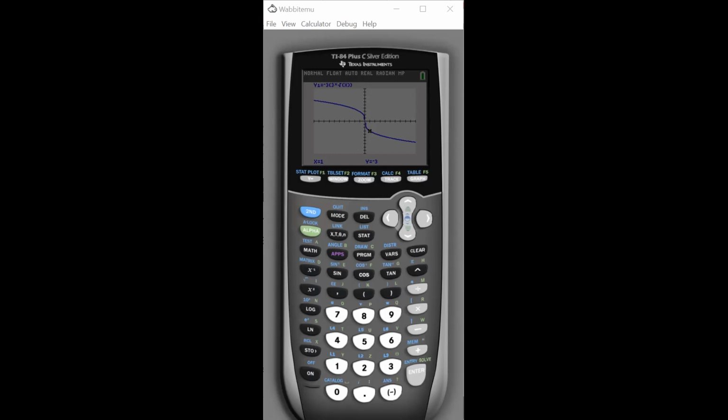On the other hand, if it's a negative A, remember your graph's gonna go opposite like that, and then your other graph is gonna start up and then go down like that. So it just kind of flips, you know what I mean? Basically it reflects about the x-axis, it's just gonna be flipped.